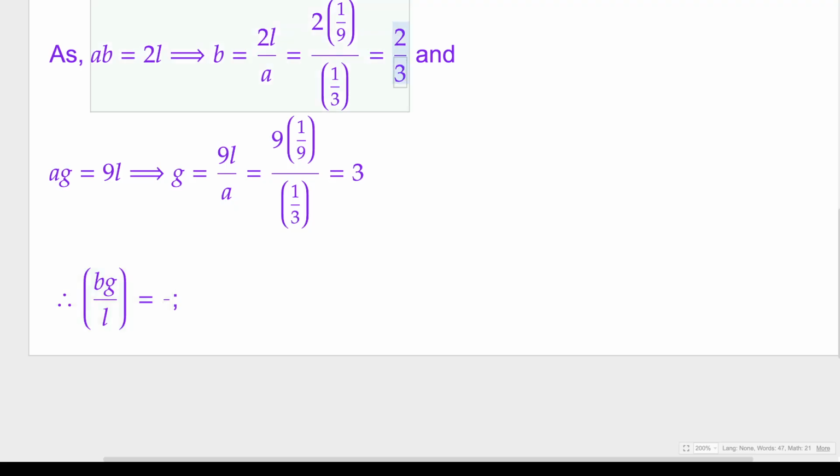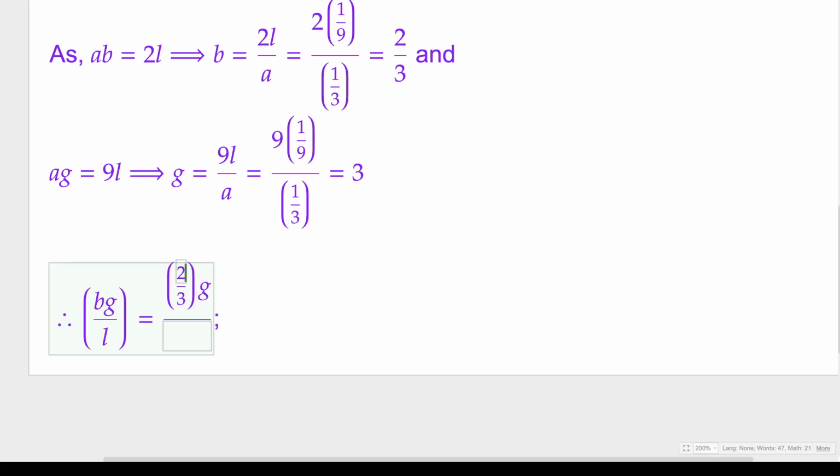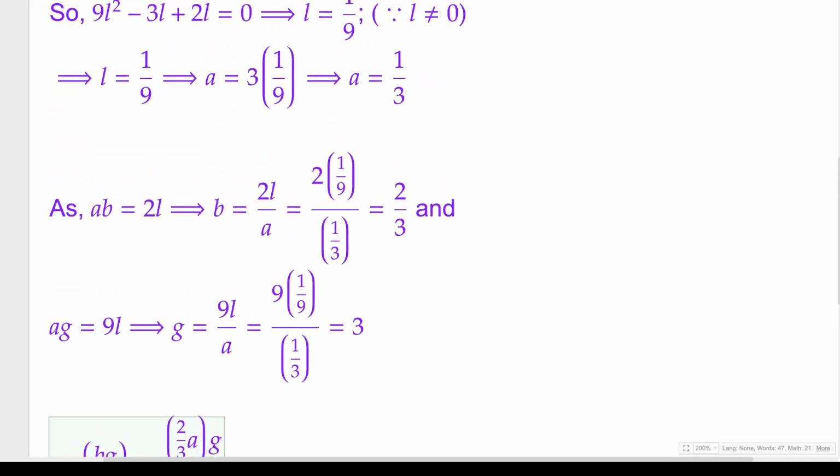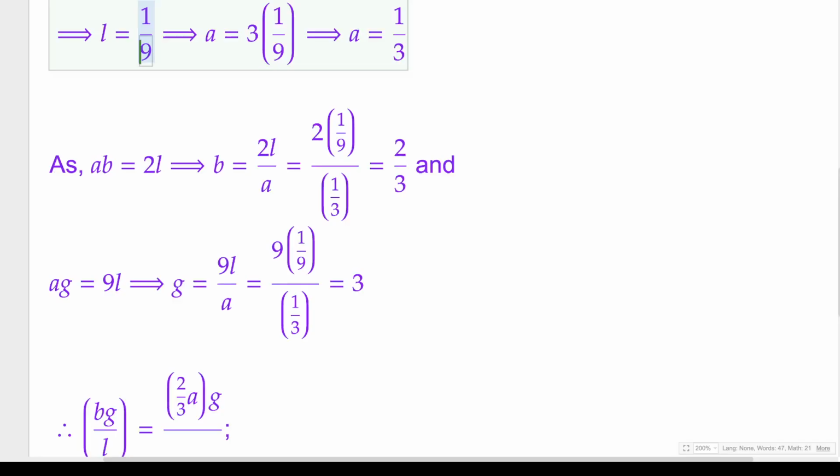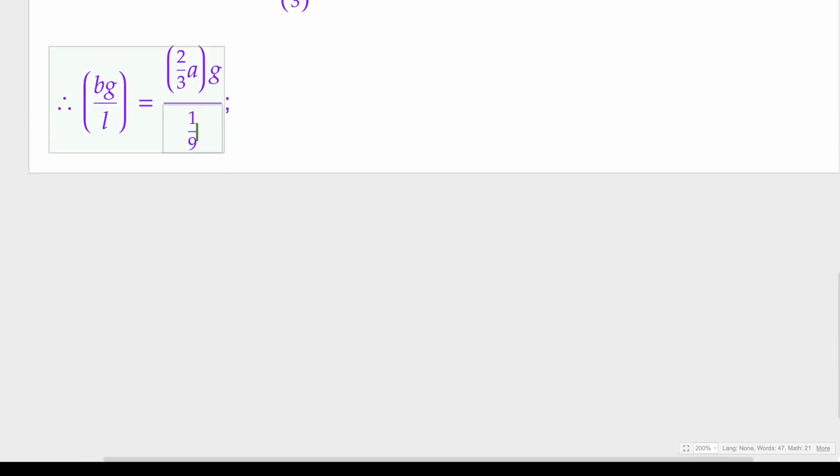So b can be written as 2 over 3 times a, and for g, a times g is actually 3, so we can replace it by 3 later. And the value of l is 1 over 9, that is 9 to the power minus 1.